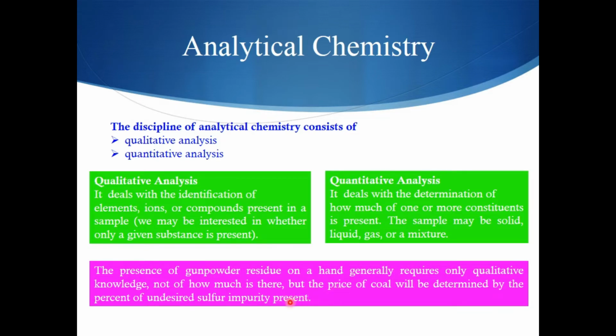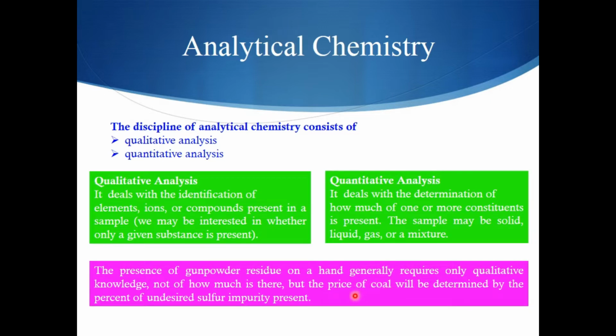The percent of undesired sulfur impurity present in coal will decide its price. So we must be sure about the percent of undesired sulfur impurity, because the less the sulfur impurity, the more will be the price of coal.